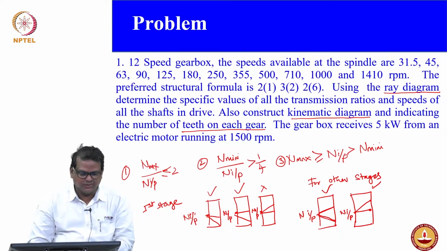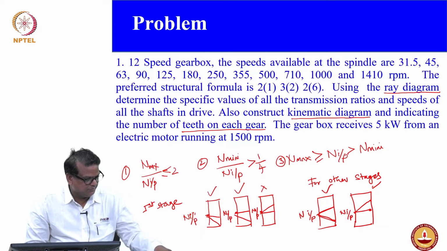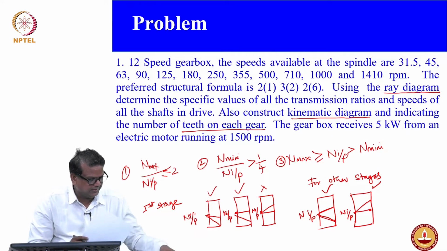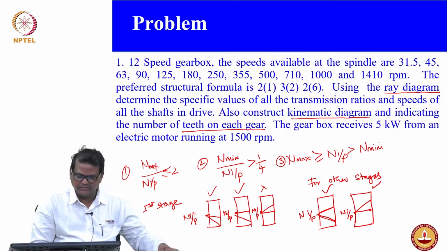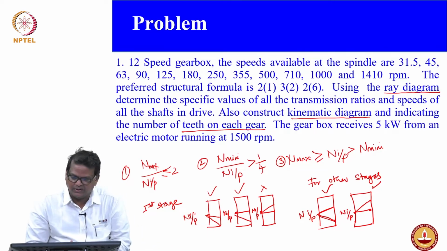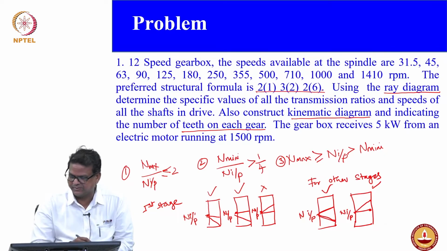Yeah. So, now we will take the problem. The instruction is clearly given, and from the data we understand that it is a 12 speed gearbox and the preferred structural formula is given as 2 of 1, 3 of 2, 2 of 6.